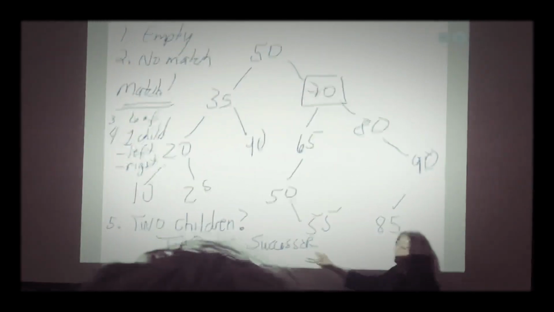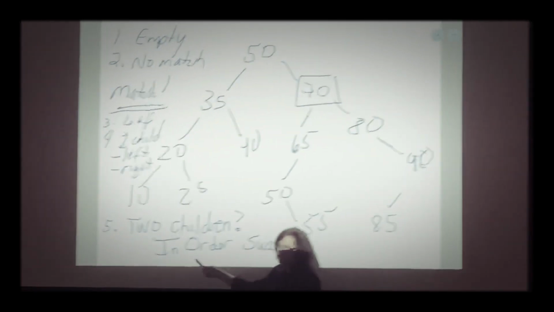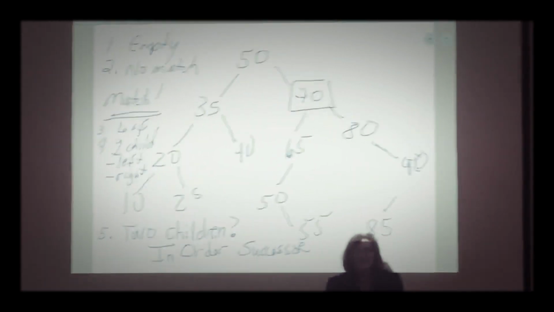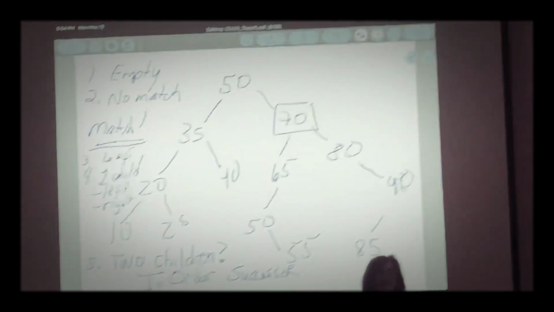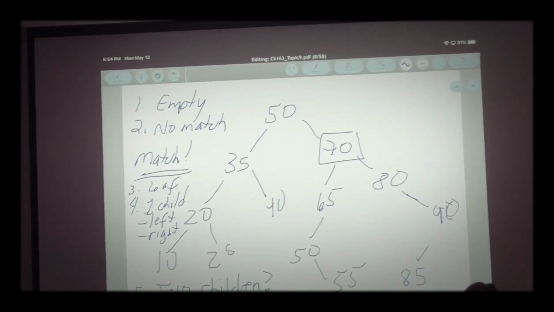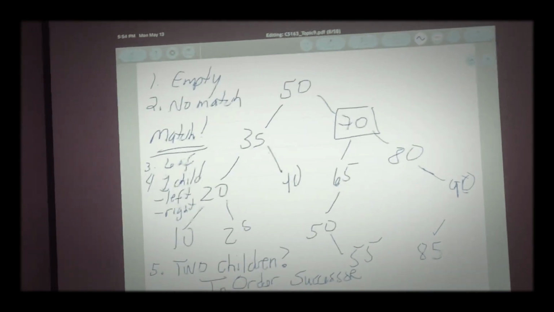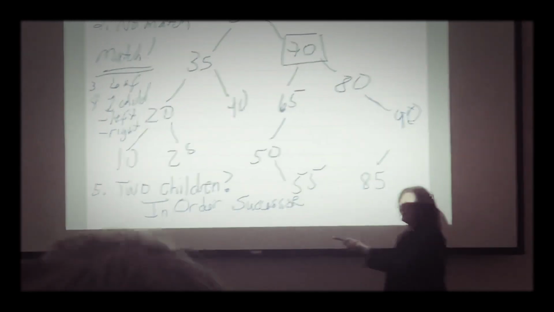I have like about 50 proficiency demo questions on in-order successor. Hopefully I spelled it right. And in 202, I probably have 100 questions on in-order successor stuff. So this is not going away.